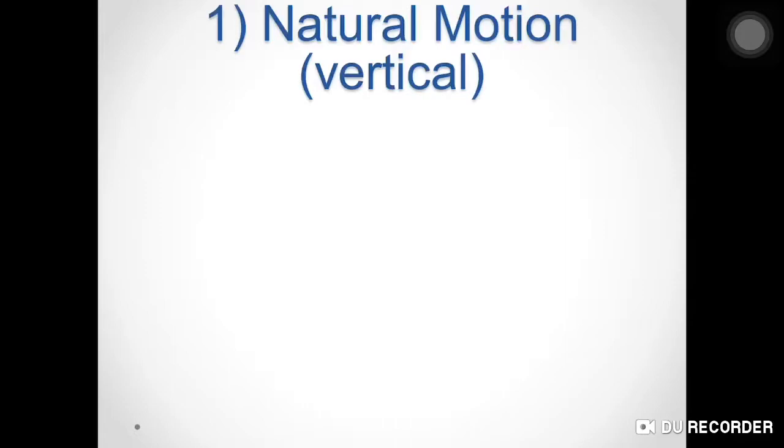So, natural motion is known as well to be the vertical motion. When we say vertical, it is a vertical line, from up to down or down to up, right?